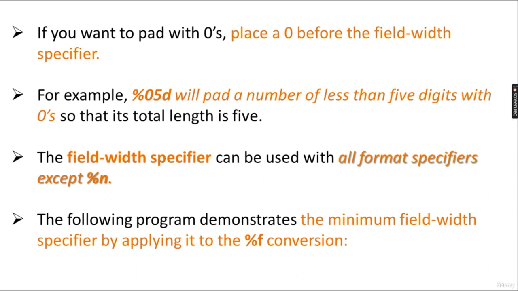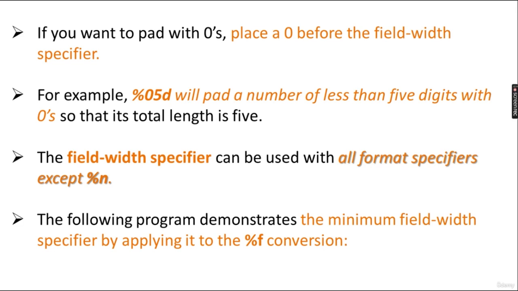For example, %05d will pad a number of less than 5 digits with 0 so that its total length is 5. Suppose your output is 0.32 and your minimum width is specified as 5.